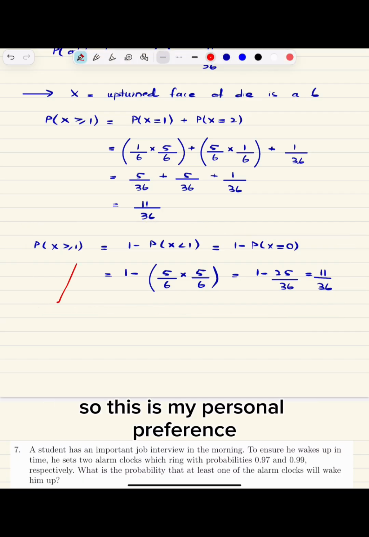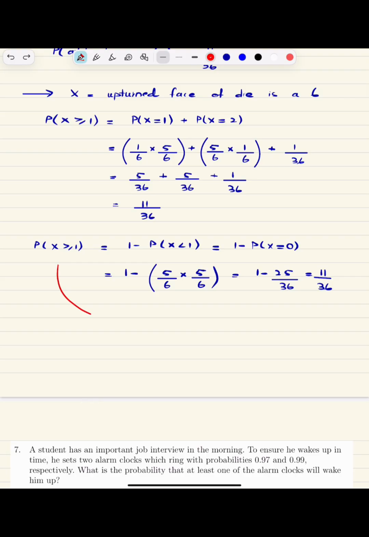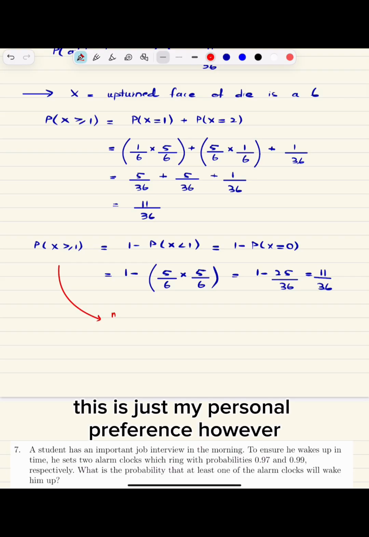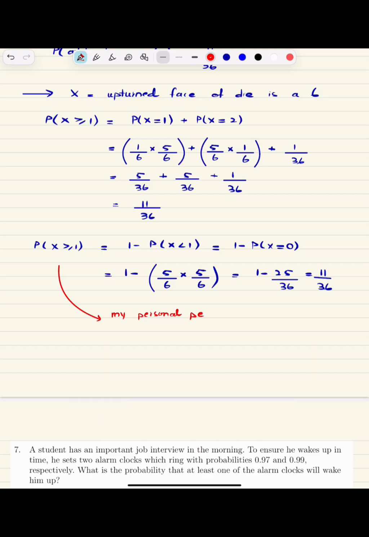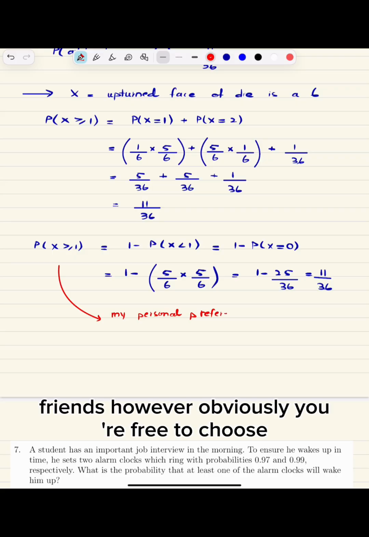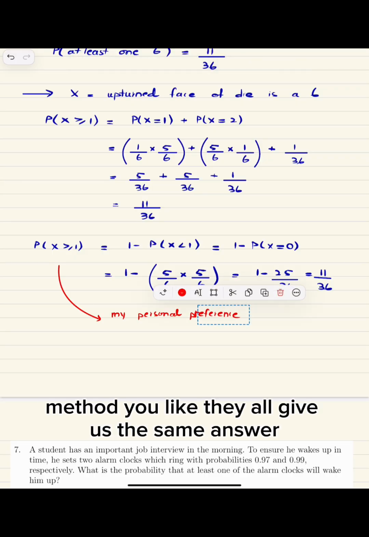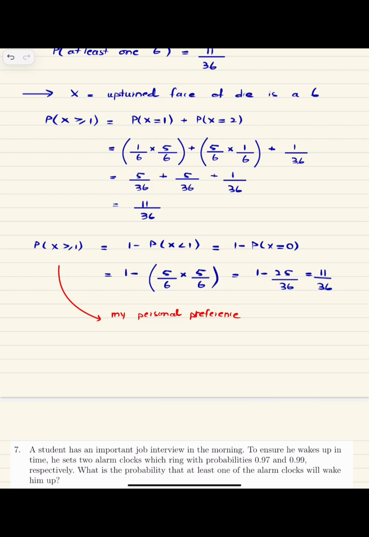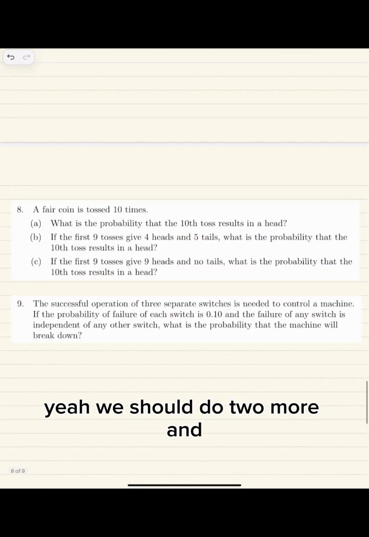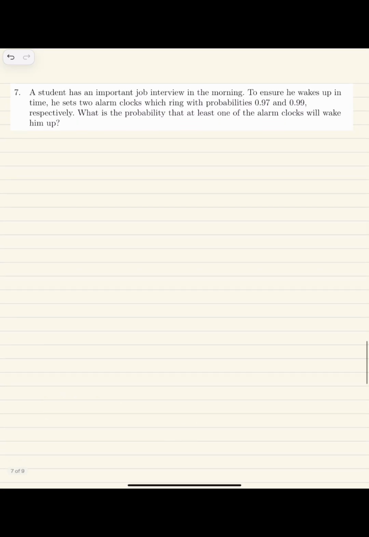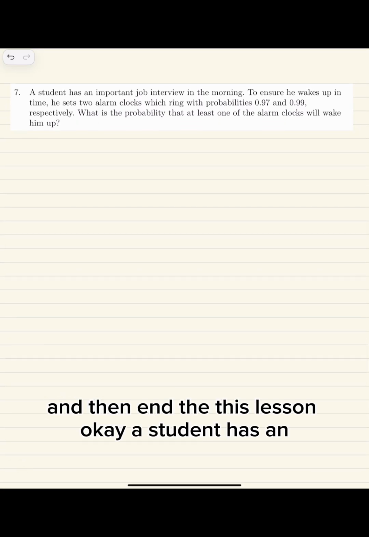This is just my personal preference. However, obviously, you're free to choose whichever method you like. They all give us the same answer. Okay, next question. I think we should do 2 more and then end this lesson.